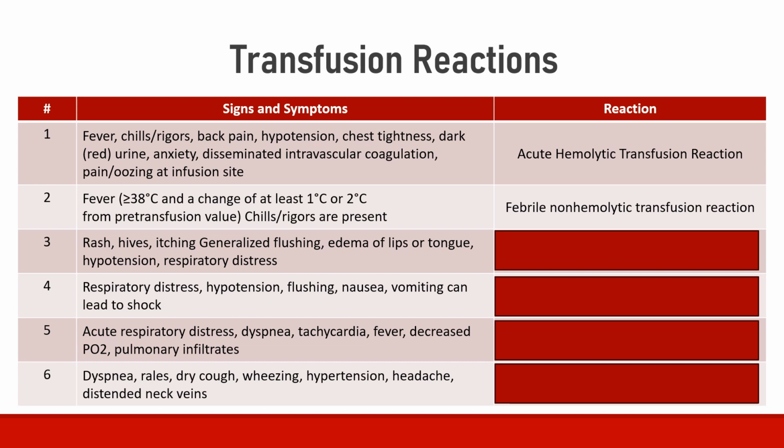So a febrile non-hemolytic transfusion reaction, you're going to see this when your patient kind of passively gets cytokines or some sort of antibodies from a patient that they're not used to. And this is aside from the blood typing and blood antigens or antibodies. The patient is receiving some sort of cytokine that's in that donor's blood that wasn't eradicated during the collection process.